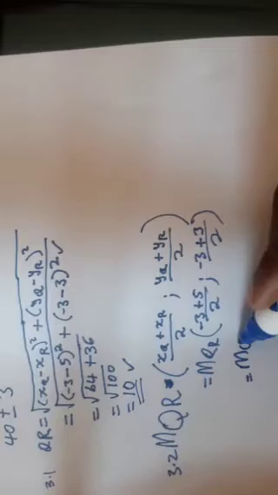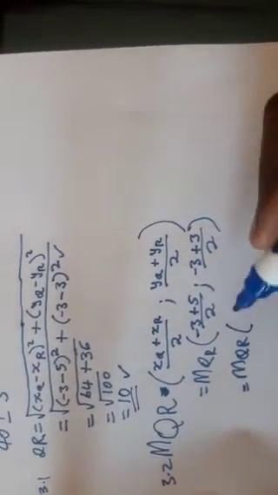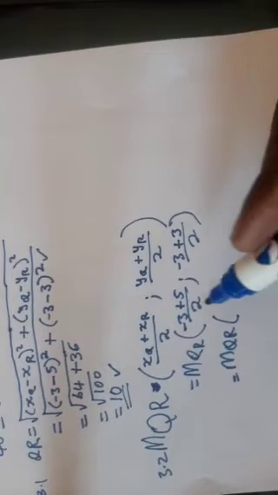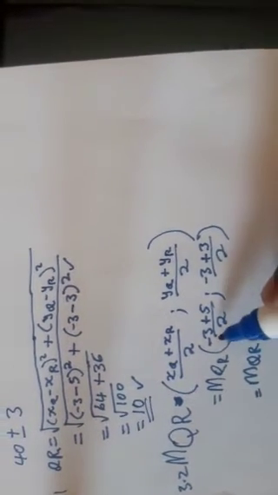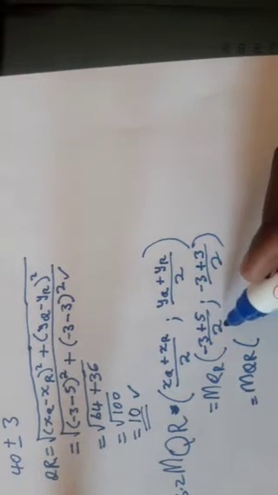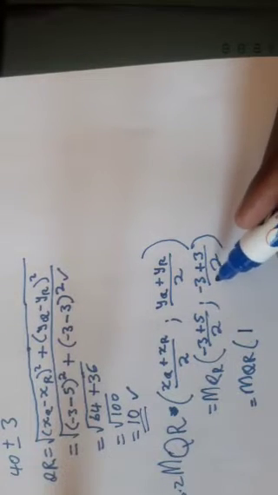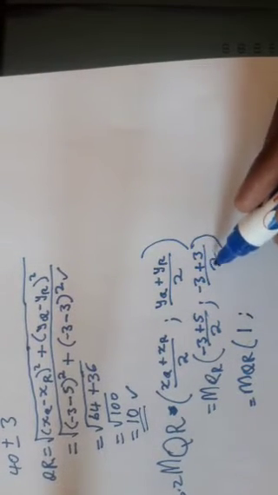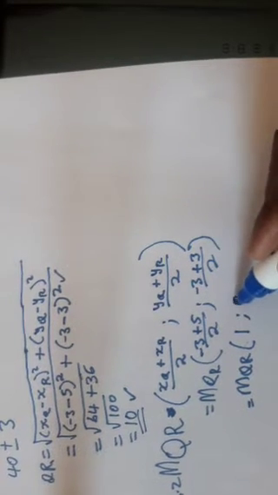So for the midpoint of QR, minus 3 plus 5 is 2, and 2 divided by 2 gives 1. Then minus 3 plus 3 is 0, and 0 divided by 2 is 0.